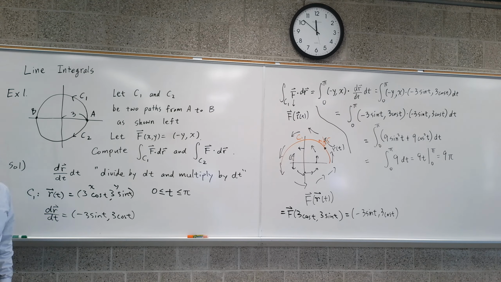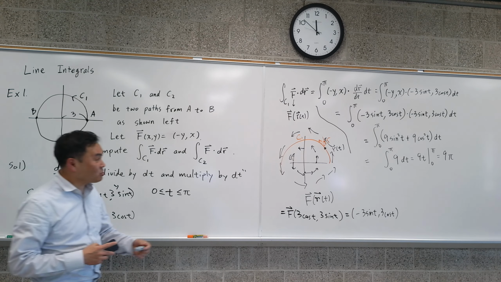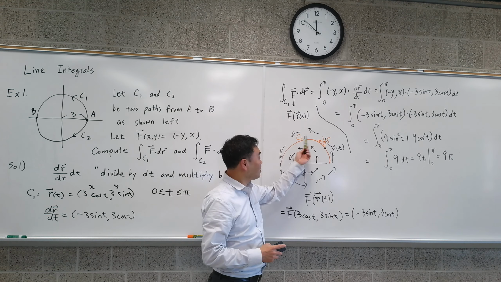Any questions so far? Yeah. So we're finding the distance between A and B using both paths. No, we are finding the amount of work done by the vector field if the particle is moving on this trajectory.